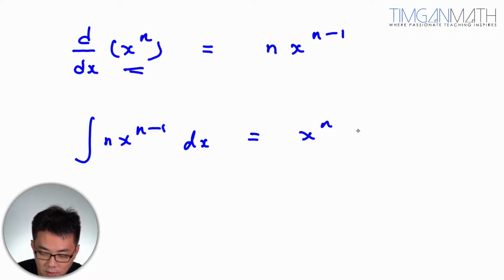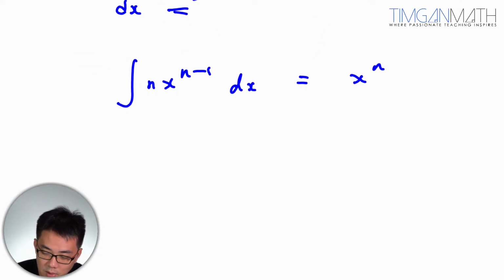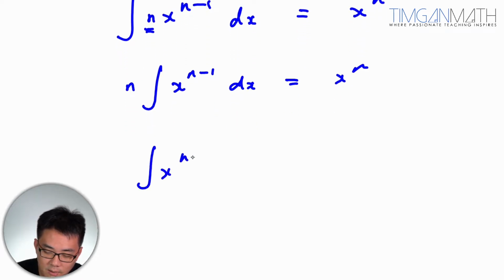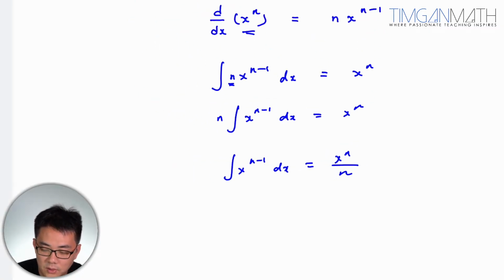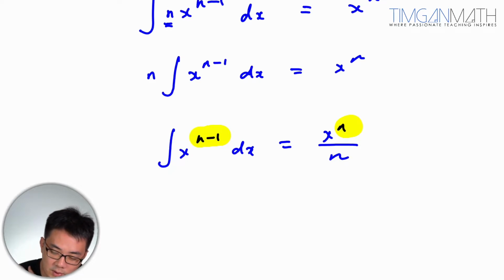We know that differentiating a constant will be 0. So anyway, this n is a constant, so we can bring this constant out. x to the n minus 1 dx equals x to the n over n. So you could see here, this is a very neat formula. It's a bit complicated, so we might as well let this n minus 1 be k.